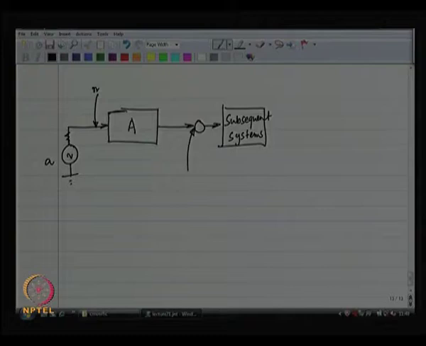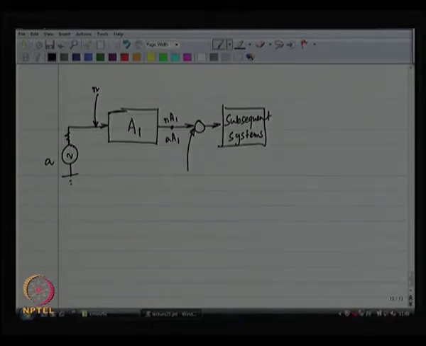So, you have got a signal to noise ratio of a by n at the input of the first stage. Now, what happens is you have a gain of the first stage. Let us call this A1. This gain applies to both the signal as well as the noise. So, you get a times A1, you also get n times A1. So, the noise is already amplified by the first stage.